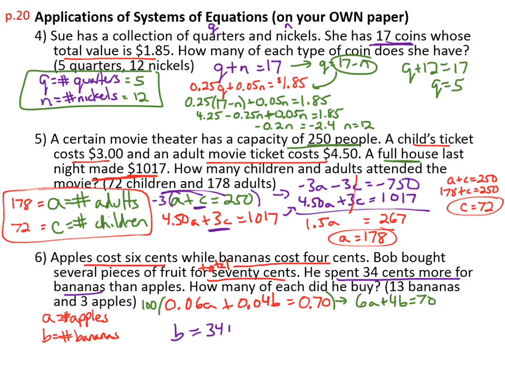So 34 plus A. We can use either one, it doesn't matter which method we use here. The cost of bananas was 34 cents more than what he spent for the apples.